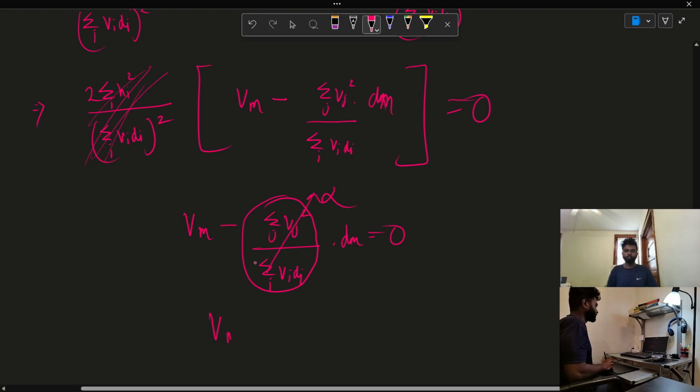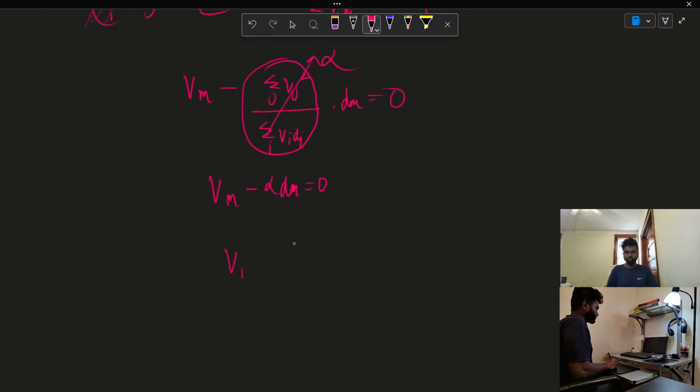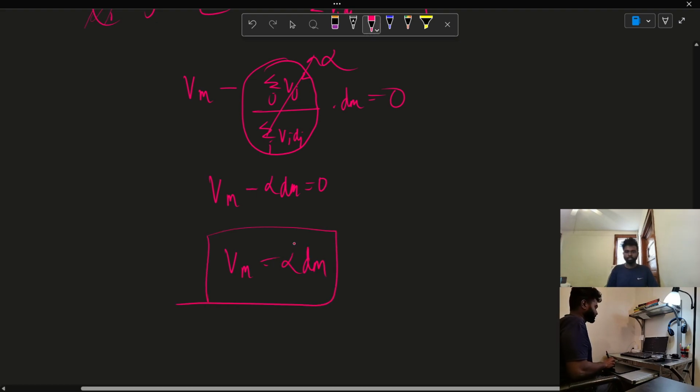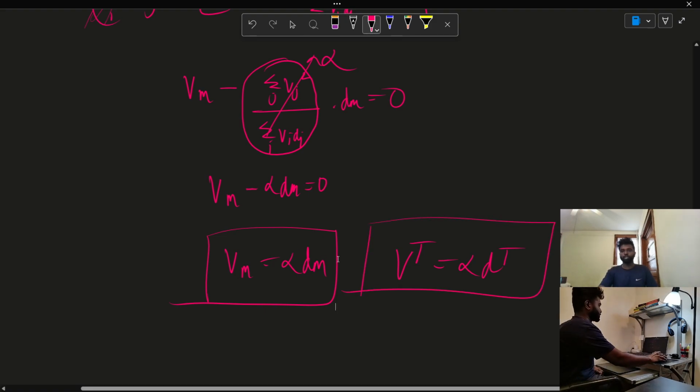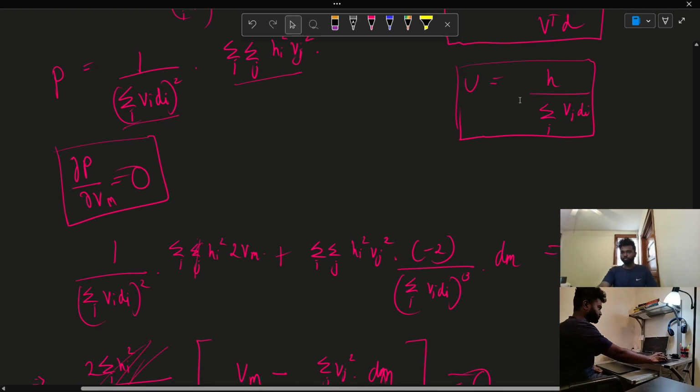So v_m minus alpha d_m is equal to 0, which means v_m is equal to alpha d_m. If we use the transpose, v transpose is equal to alpha d transpose. So we got the value of v transpose, and we got the value of u.